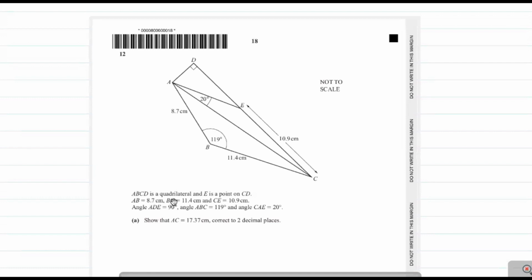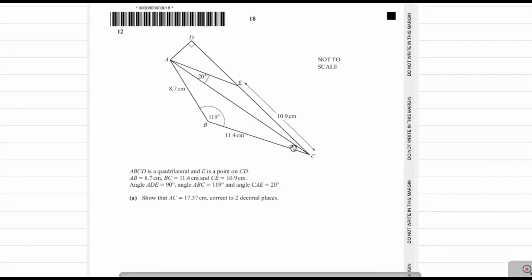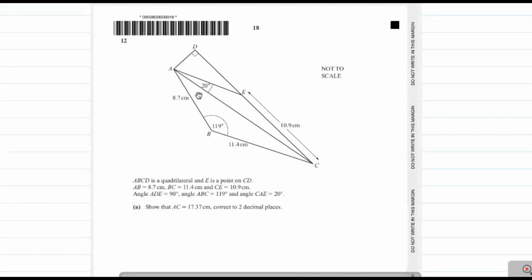Question number 12. ABCD is a quadrilateral and E is a point on CD. AB is 8.7, BC is 11.4 centimeters, CE is 10.9, angle ADE is 90 degrees, angle ABC is 119, and angle CAE is 20 degrees. Show that AC equals 7.37. Look here, this is triangle ABC.